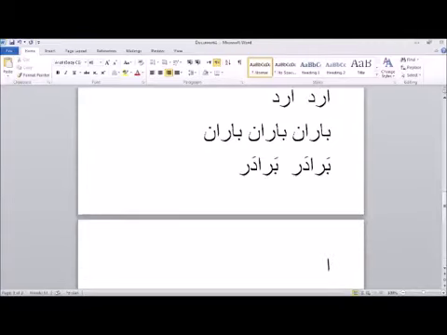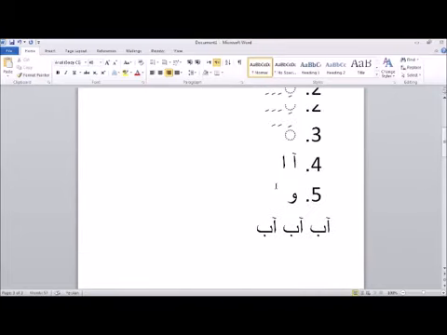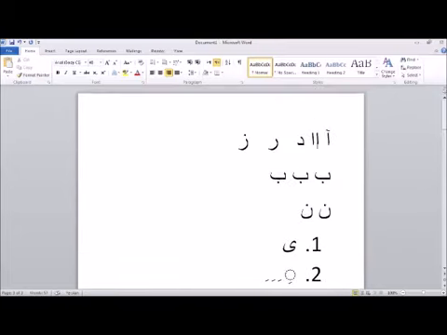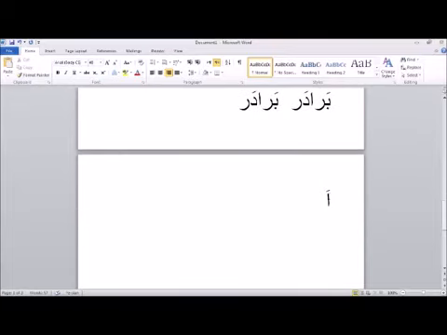I put this and I put it on the bottom, and that would be pronounced a. Remember that this one was aw. It has something on the top. Aw. But this one is a.